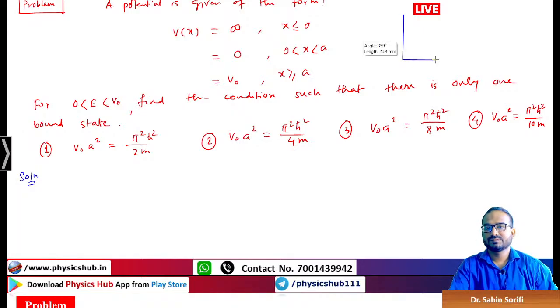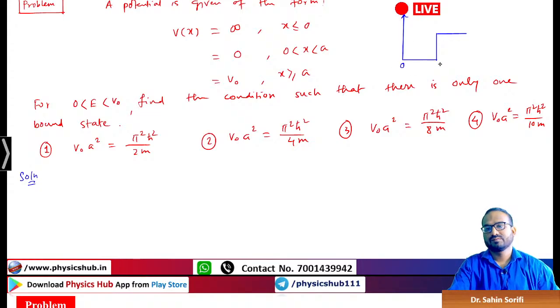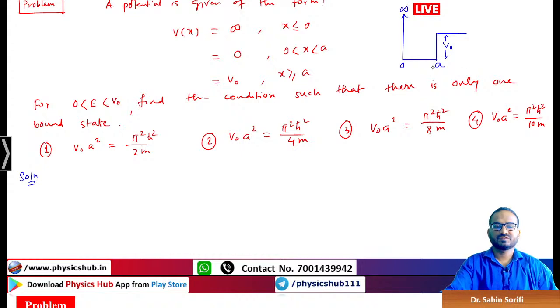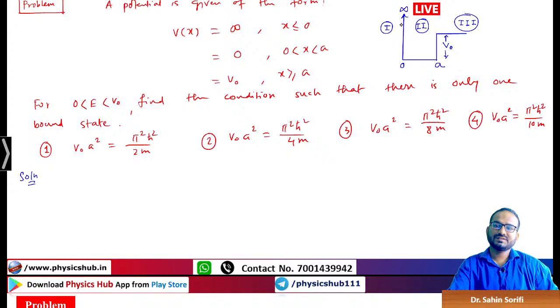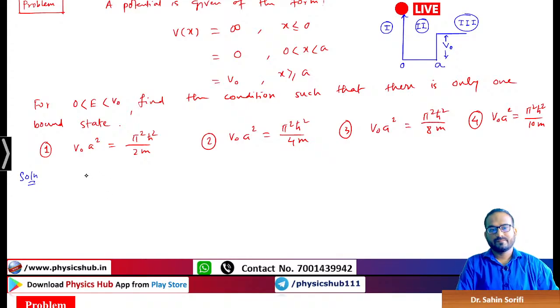Between 0 to a, it is 0, and for x greater than a, it is V0. So the potential looks like this. Here also you will get 3 regions: region 1, 2, and this is 3. In region 1 the potential is infinity. What will be the wave function?